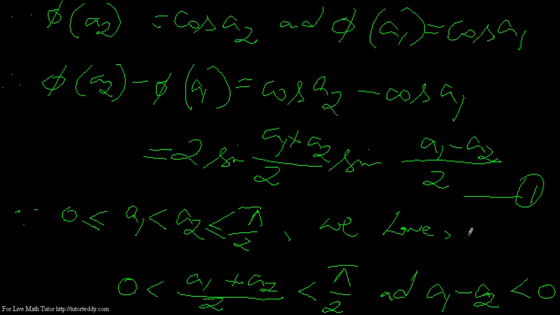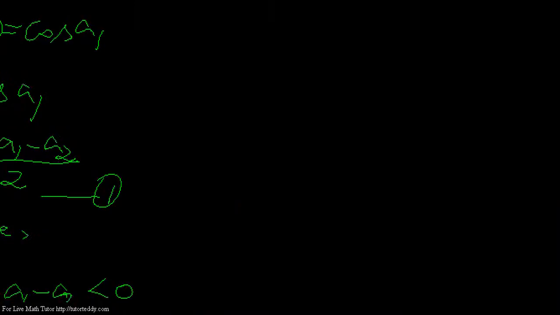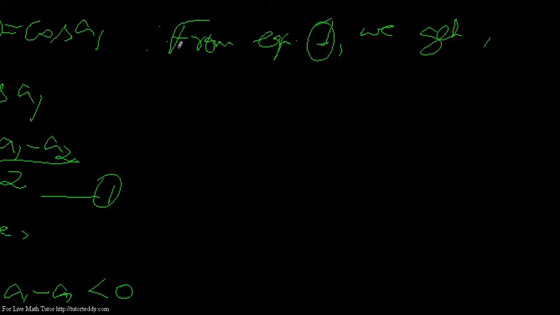Therefore, from this equation number 1, what can we get? Therefore, from equation number 1, we get the difference phi of a2 minus phi of a1 is less than 0.